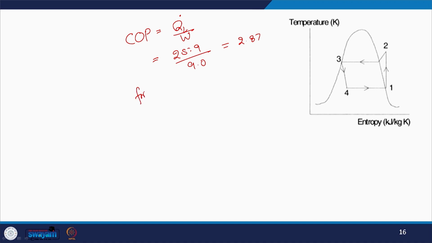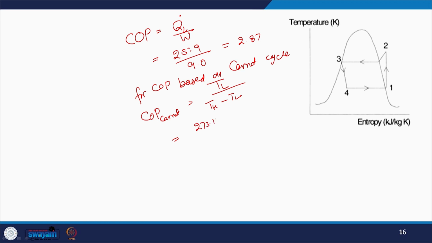For the COP based on the Carnot cycle, COP Carnot is equal to TL upon TH minus TL, and that is (273.15 minus 20) upon (40 minus (minus 20)).